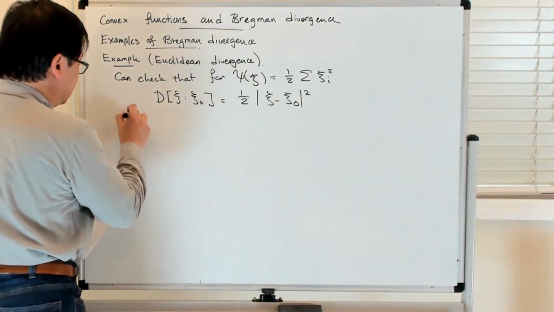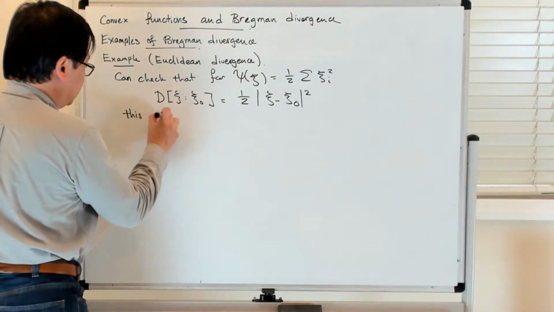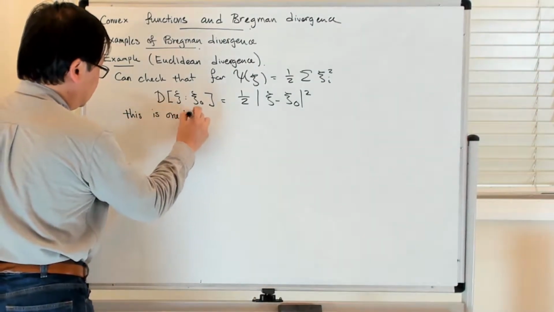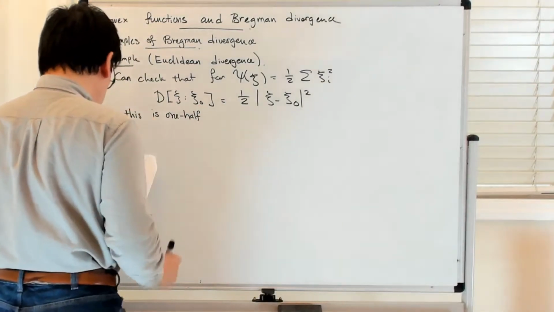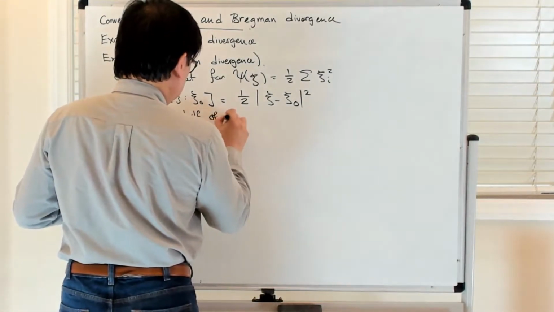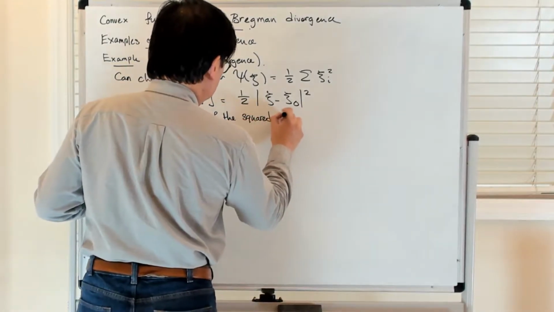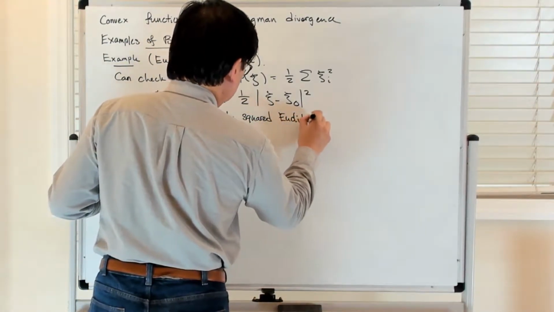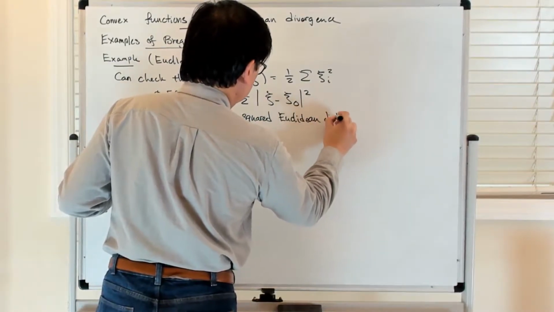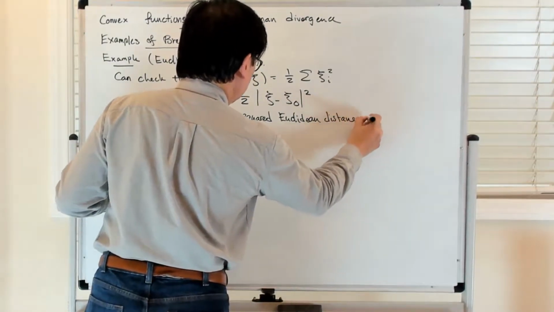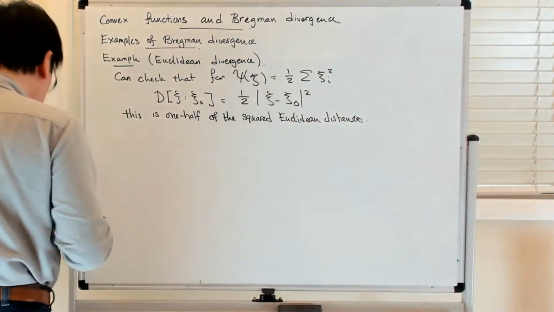So this is just 1/2 of the square Euclidean distance. So it's not very exciting, but yeah, that's what it is.